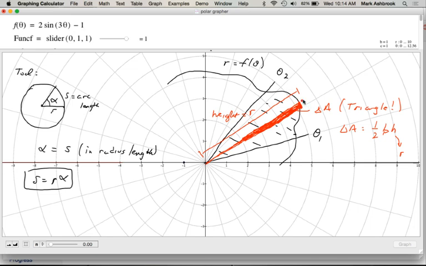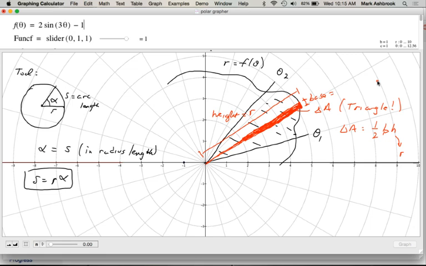So this right here is the base of the triangle. The height is r, from the pole out to the end of it. So that base of that skinny triangle is what? Arc length.